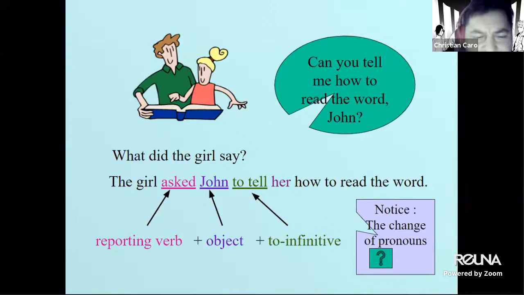Could be shorter. In this case, the girl ordered John to read the word. I could also say that, yeah? Like a shorter report in this case, more summarized.